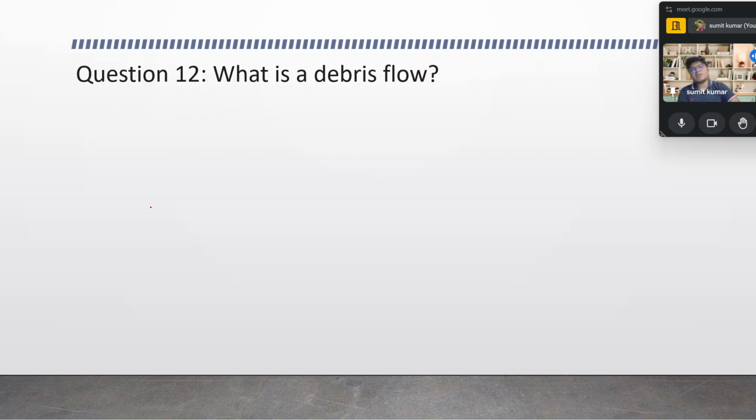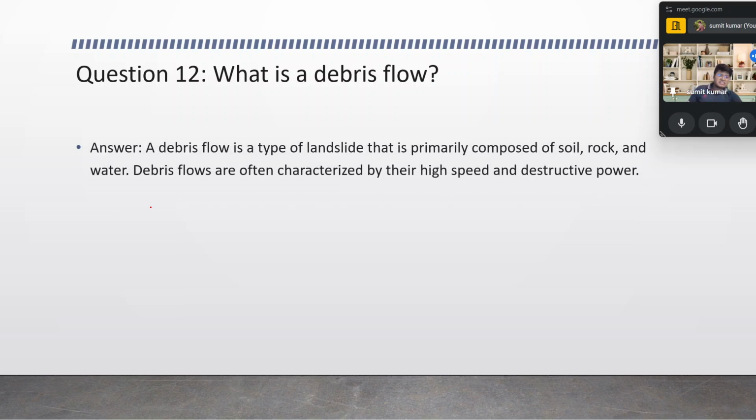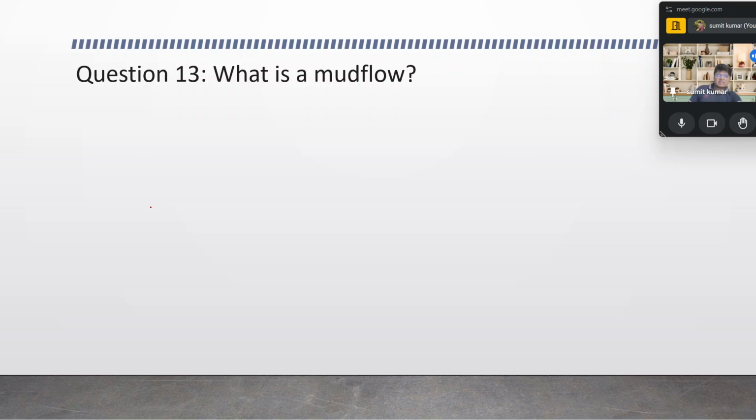Similarly, what is a debris flow? We have stated its definition in this session only. A debris flow is a type of landslide that is primarily composed of soil, rock, and water. Debris flows are often characterized by high speed and destructive power.